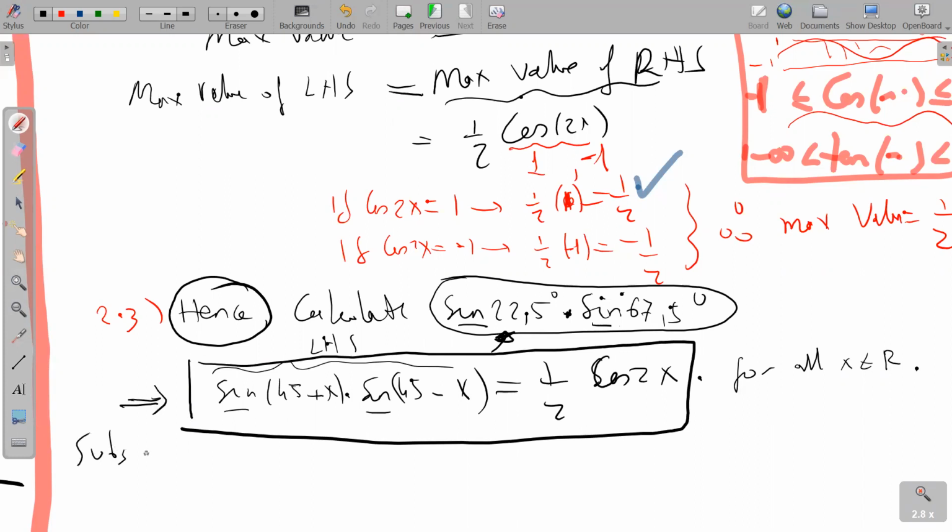Substitute x equals something so that we get sine 22.5 sine 67.5 degrees. Any idea, please send from the chat.